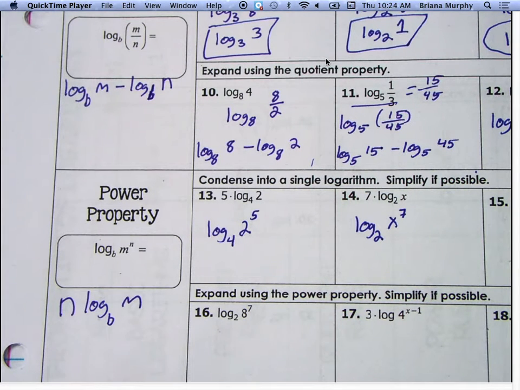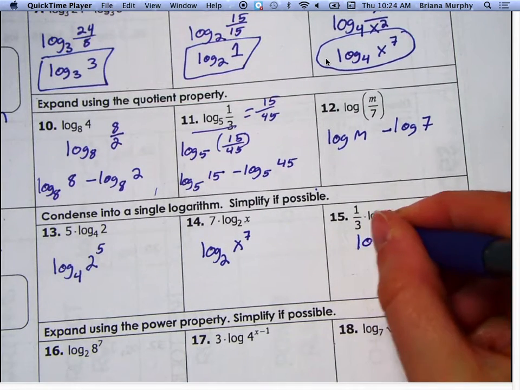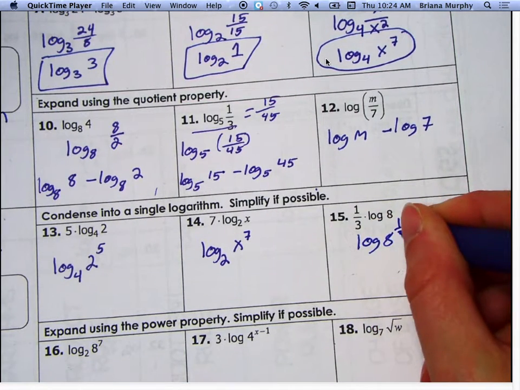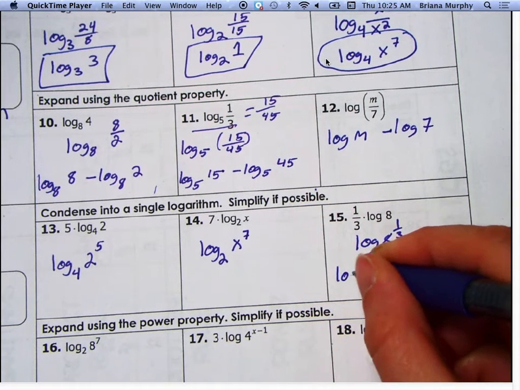Log 8 to the 1/3. Okay, so this is iffy. Okay, that is true. What can 1/3 be? If I take something to the 1/2, that's the same thing as square rooting it, right? So if I'm taking something to the 1/3, that's the same as cube rooting it.